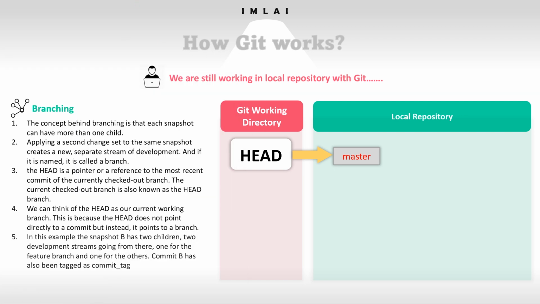Now the master branch, where some development happens, currently points to the snapshot F. But it has crossed all these stages.